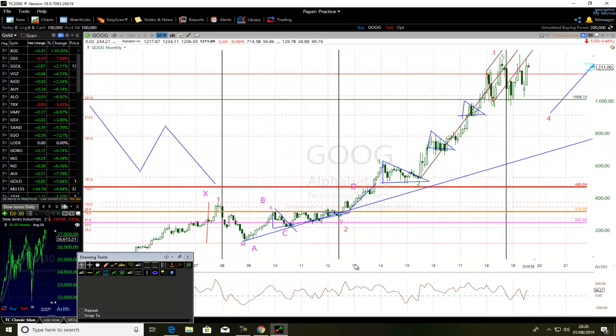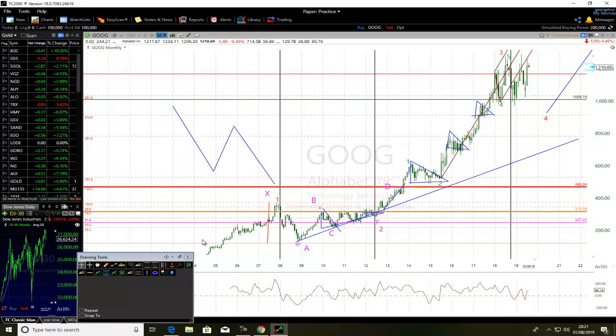You'll see, for those who understand the Elliott wave, that the butterfly pattern can lead the price into the third Elliott wave. Did I say can? Yes, I say can. I'm not saying always. It can sometimes lead the price into the third wave. So this is the case for Google stock.